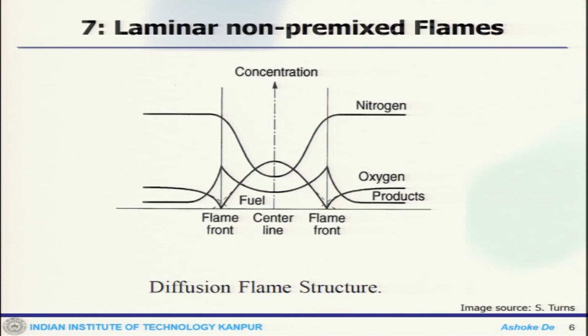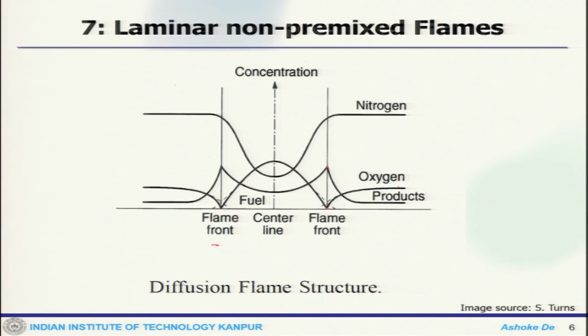Now, this is a typical diffusion flame structure. This is my flame front, this is also flame front, this is my fuel, and this is the oxygen. So, fuel comes down, and oxygen is completely consumed at this location. One can see that products are forming here, that is the peak, this is the product line.